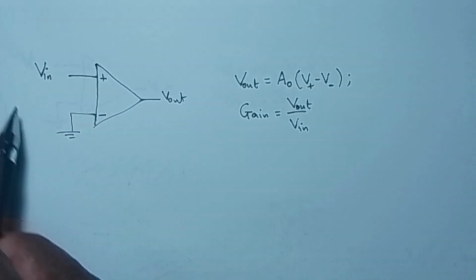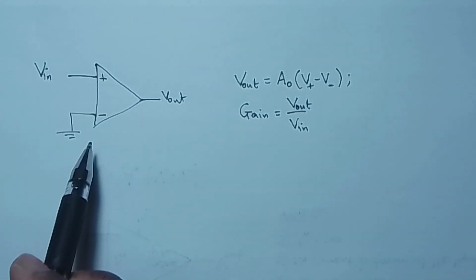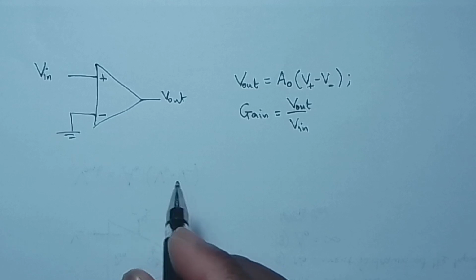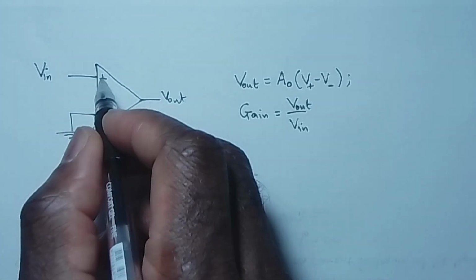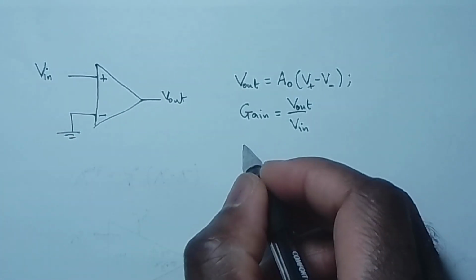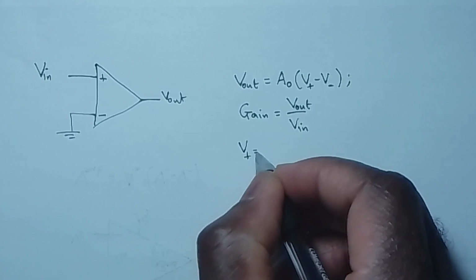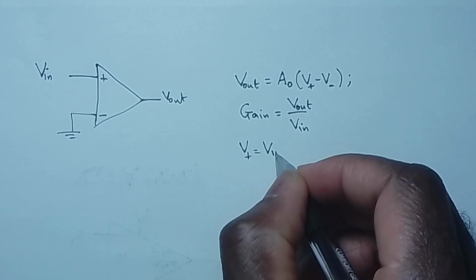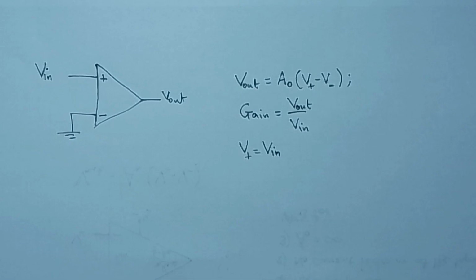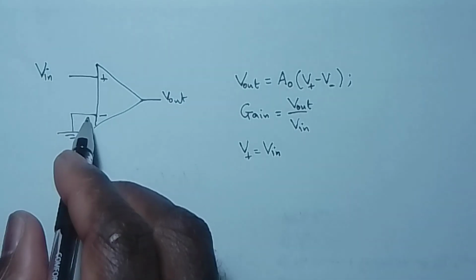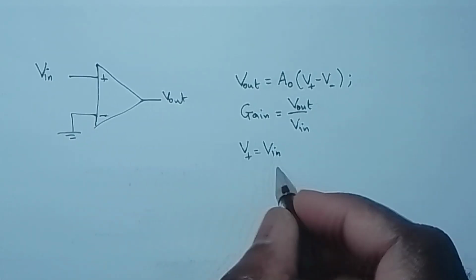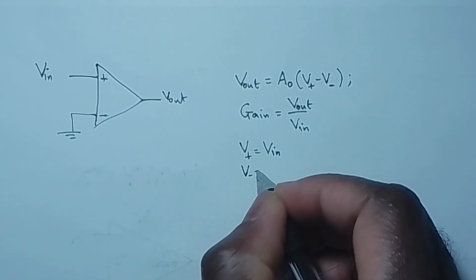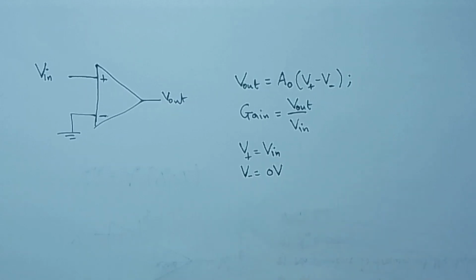Here in this exercise, we know that V plus is equal to V in, while the V minus, since it's connected to the ground, is 0 volt.